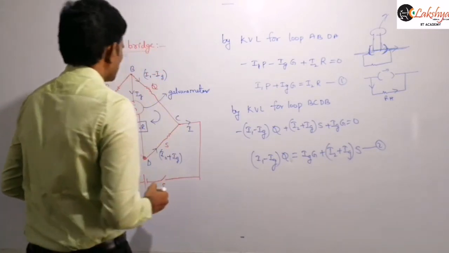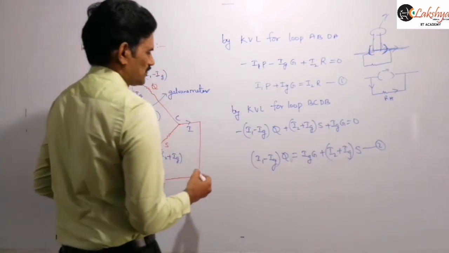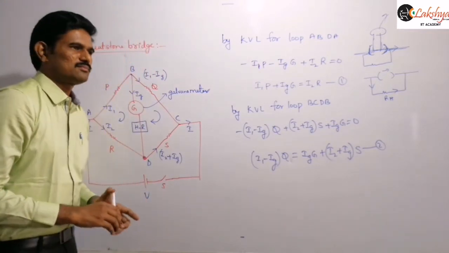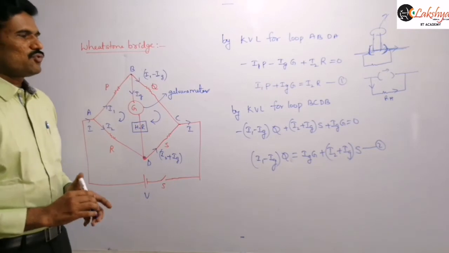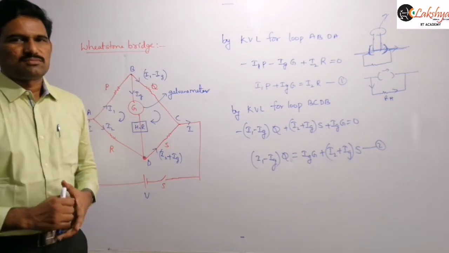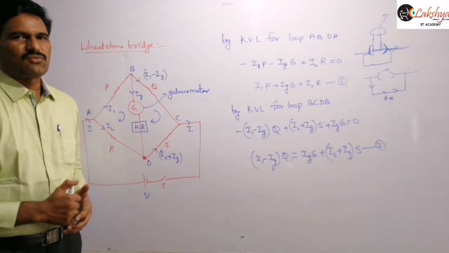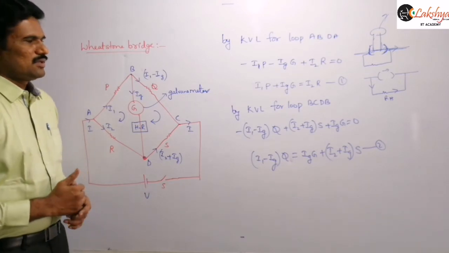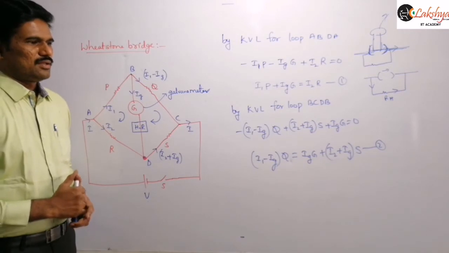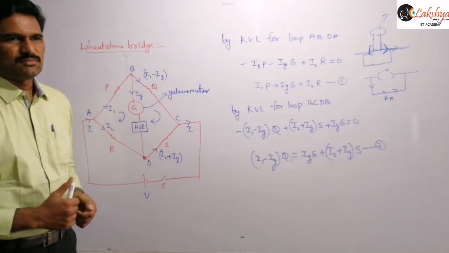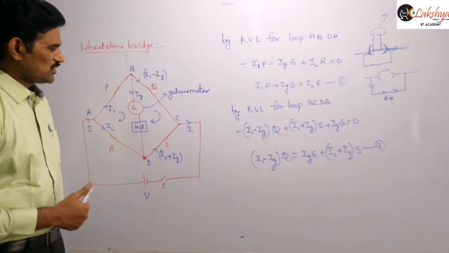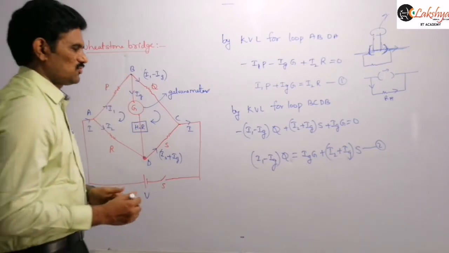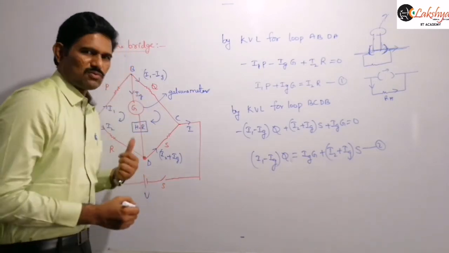The Wheatstone bridge is said to be balanced when the current flowing through the galvanometer is 0. This is possible when VB is equal to VD. Potential of B is equal to potential of D.